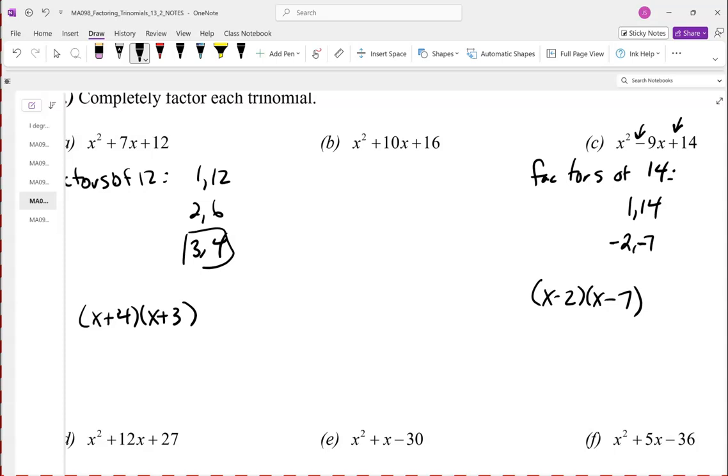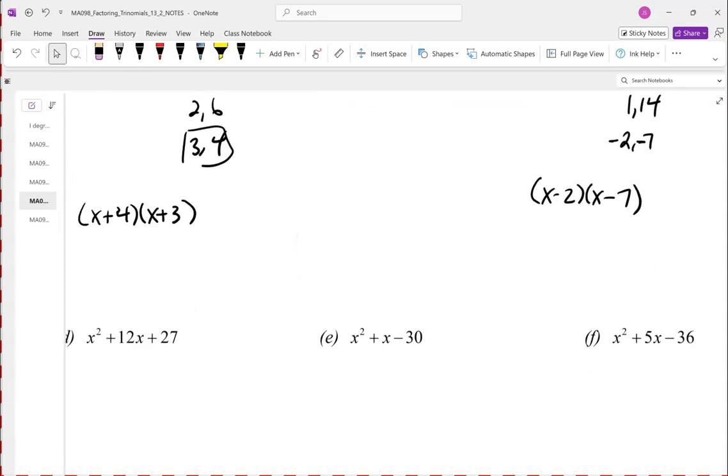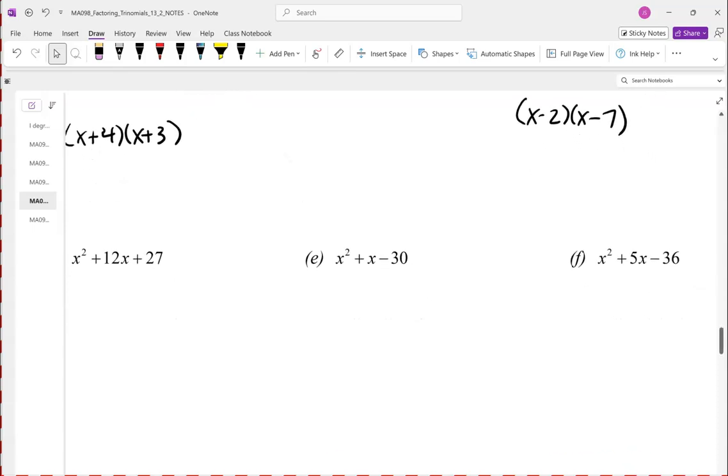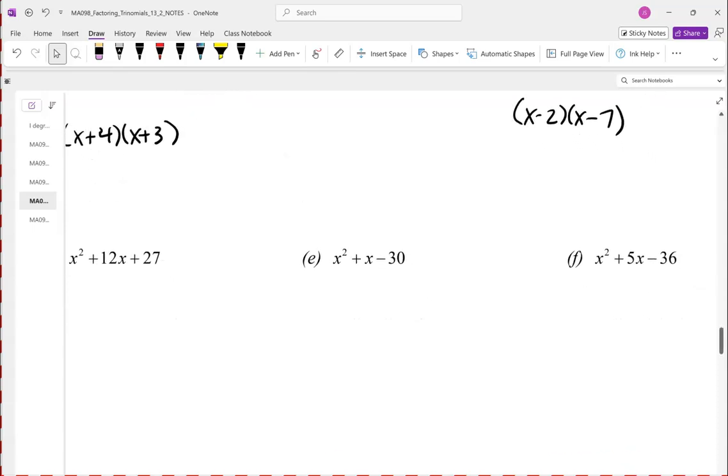Okay. Let's look at E, because it's a little bit different. Again, first thing we want to do is what? Factors of 30. So certainly 1 and 30.